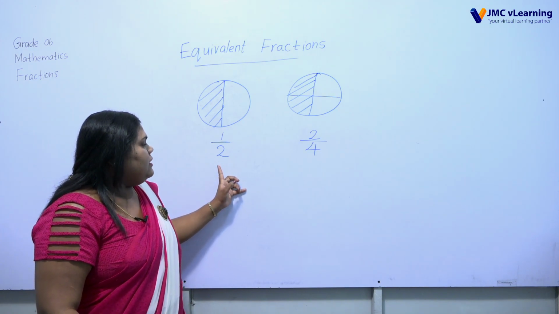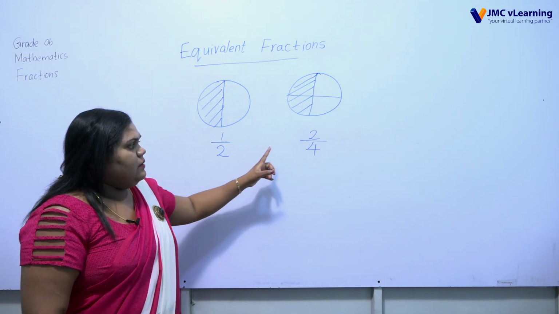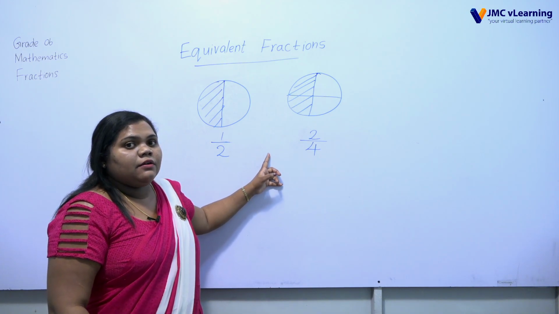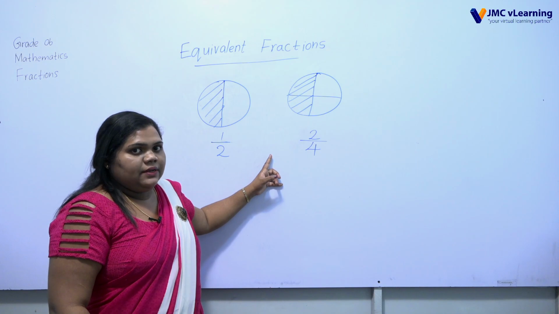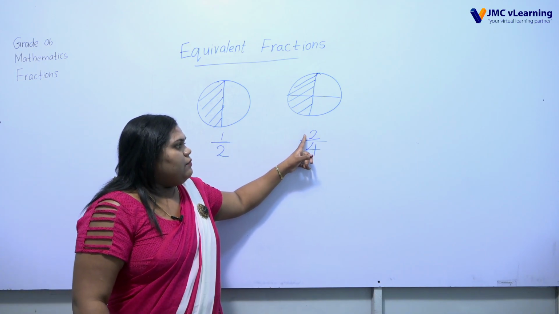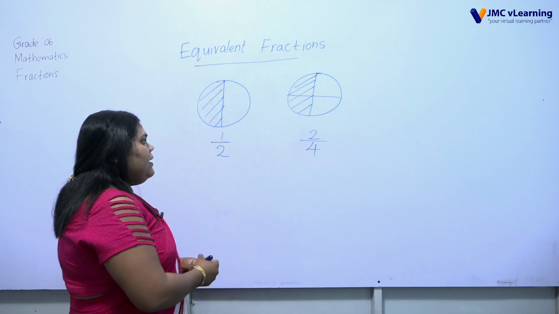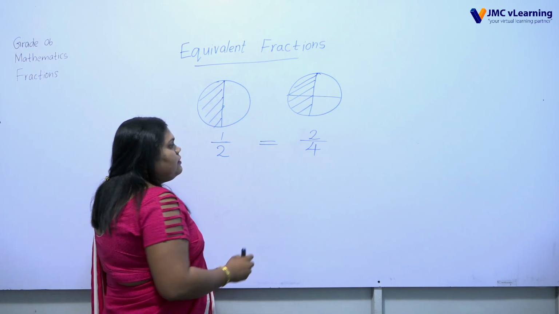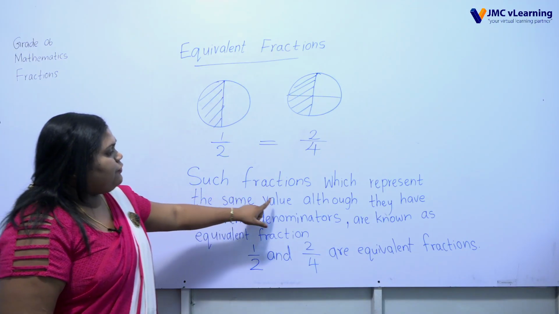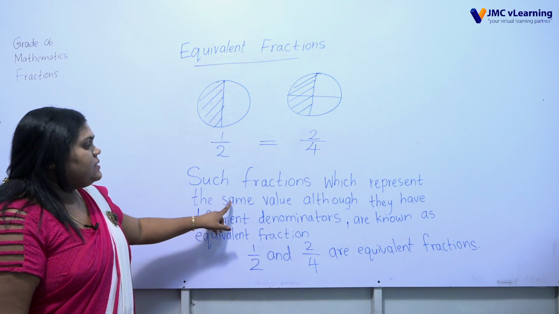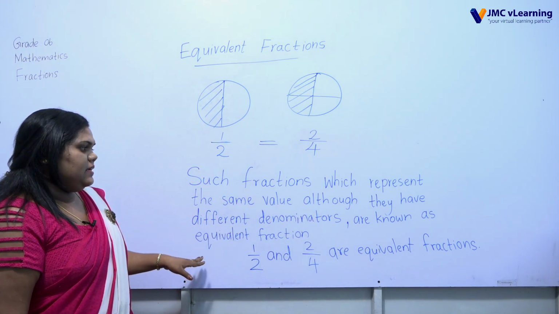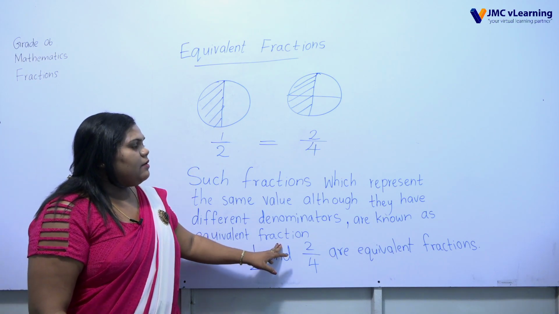So we can call this 1/2 and 2 out of 4 equivalent fractions. Are you clear? Okay. Such fractions which represent the same value although they have different denominators are known as equivalent fractions.